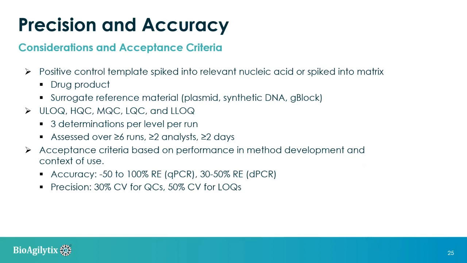And the reason for this, when you think about molecular workflows, is there's quite a bit of variability that can come from the extraction process, the PCR process, different analysts. That extraction especially is a large piece of the workflow that can introduce some variability. So it's important to understand that these assays do perform quite differently than some of the other platforms that we're commonly accustomed to.